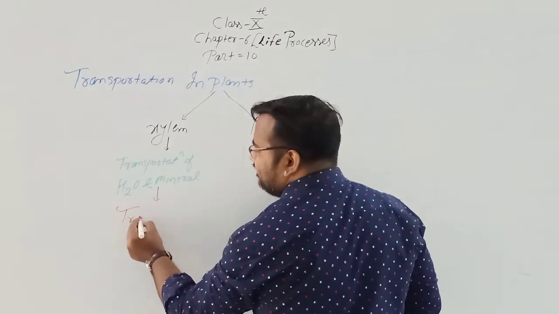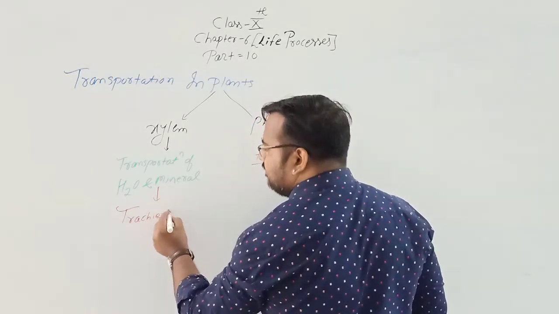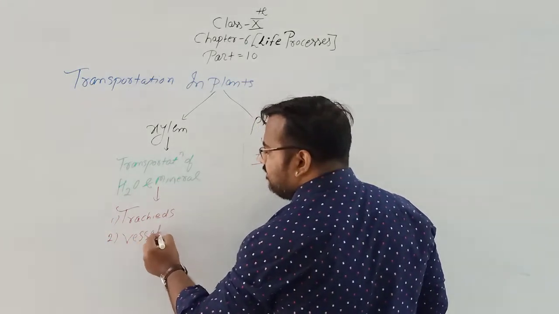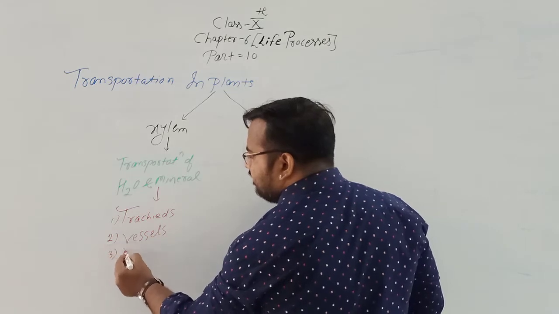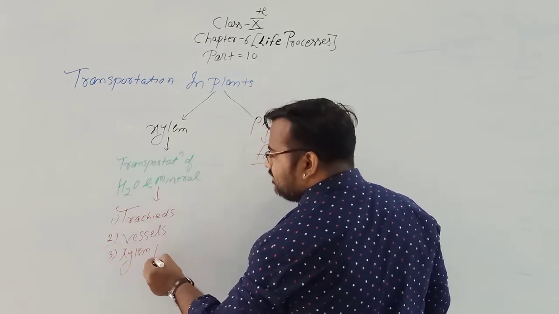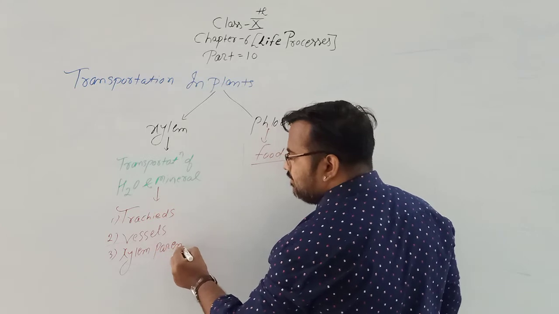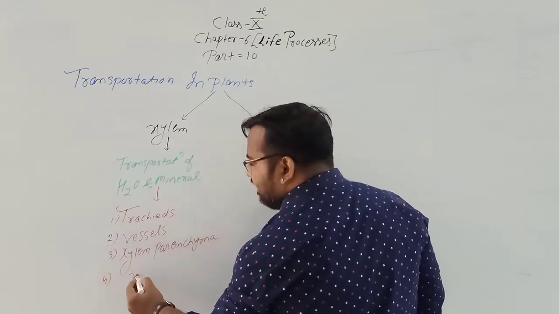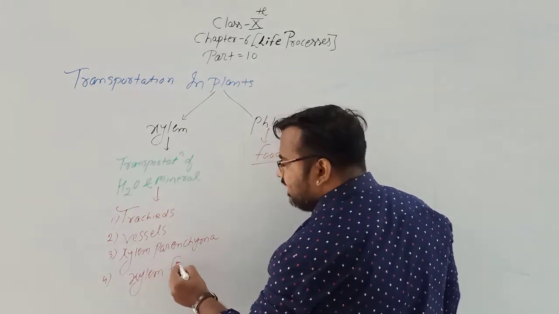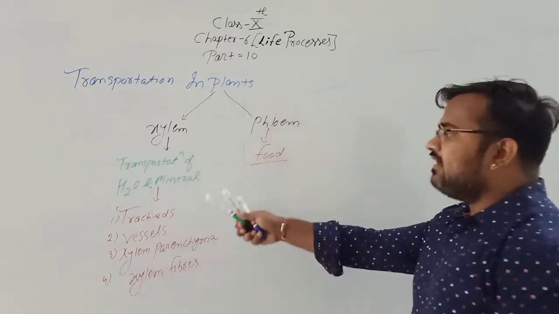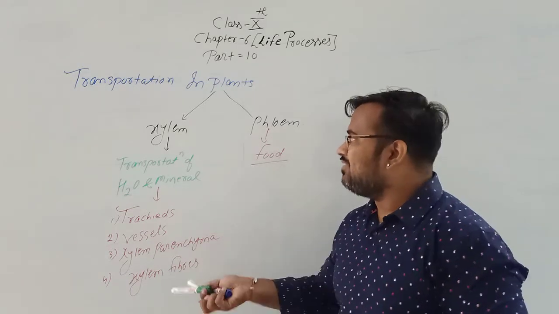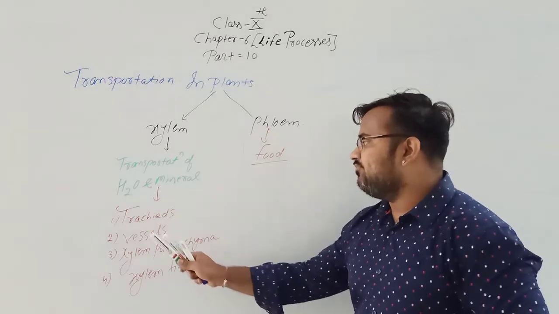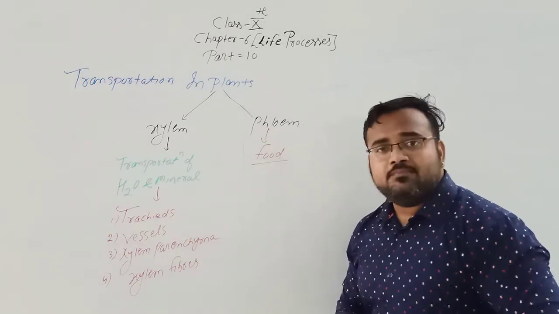First is tracheids, second is vessel, third is xylem parenchyma, and fourth is xylem fibers. Okay, these are the four parts present in the xylem tissue: tracheids, vessel, xylem parenchyma and xylem fibers.